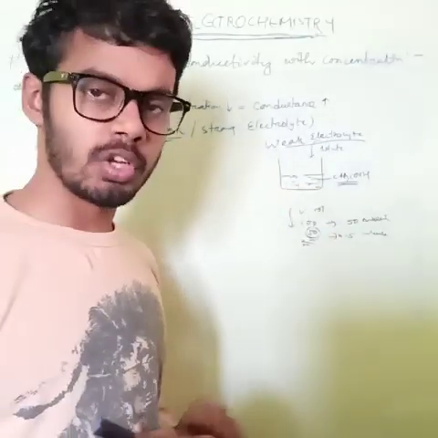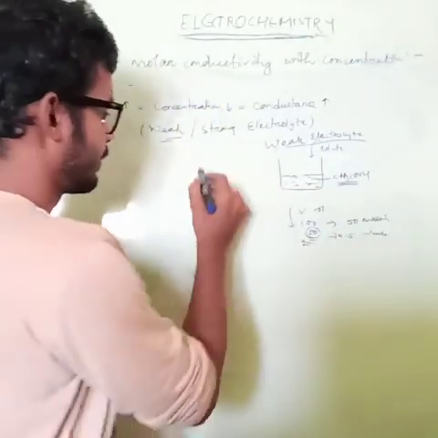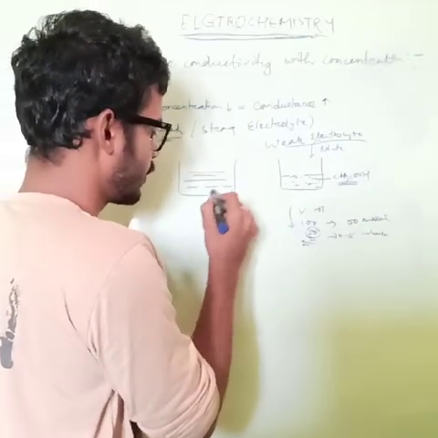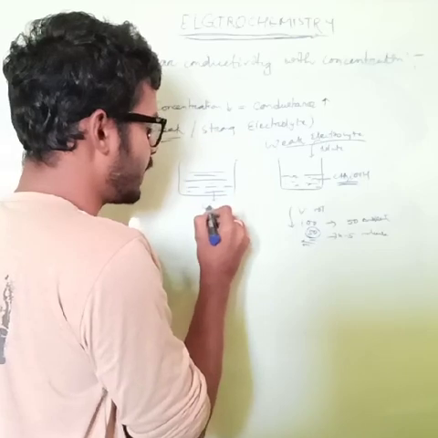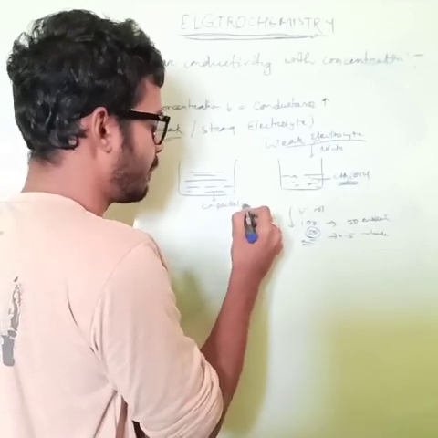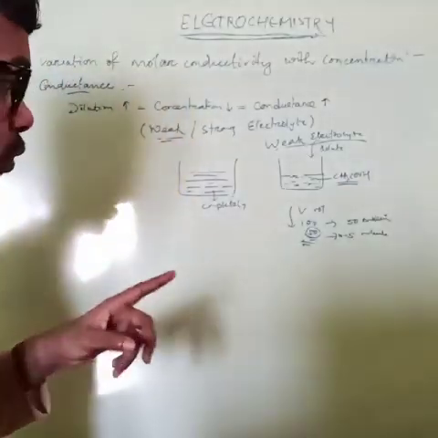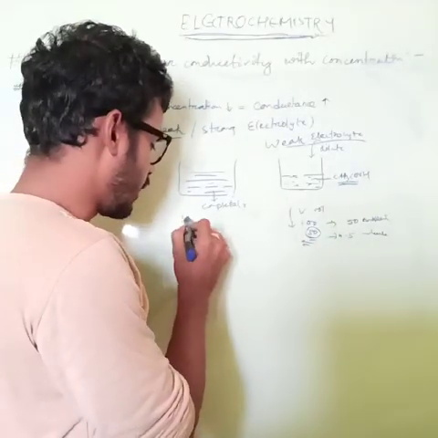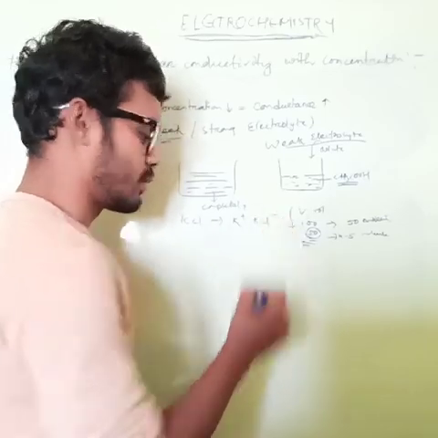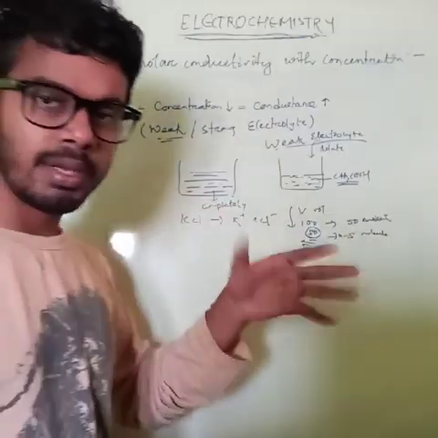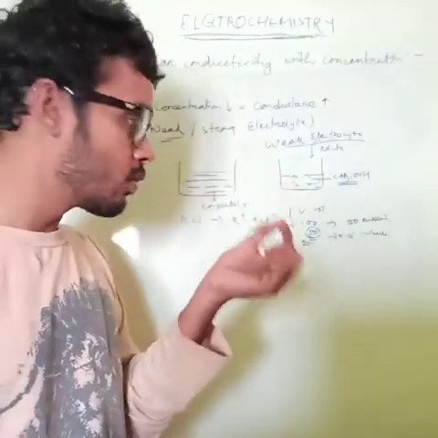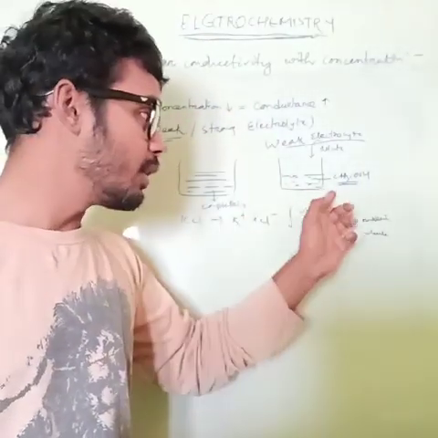If you are taking a strong electrolyte, we know it is completely dissociated, 100% ionized. If you take KCl, it gives completely K plus and Cl minus. The ionized part is already complete, so the number of ions is fixed here, whereas for the weak electrolyte it is not fixed.